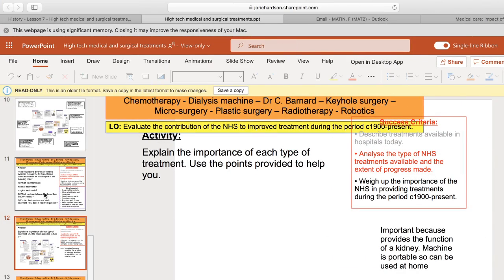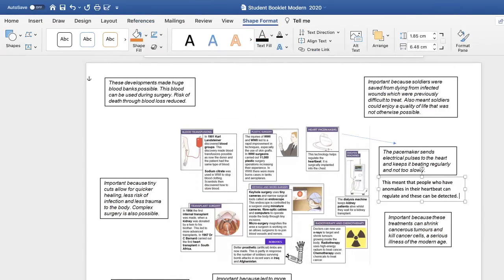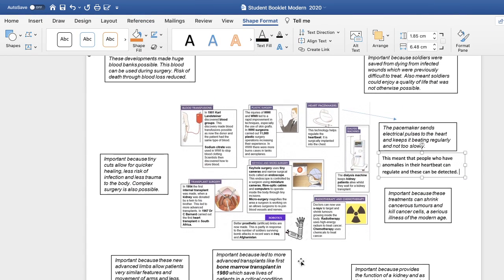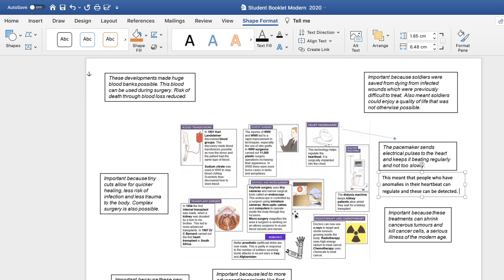Then as a challenge, like I said, you can do which treatments have developed from the 20th century. So obviously we now are in the 21st century. Which treatments have developed from then? So if we were to look at them here, for example, how might plastic surgery have developed?